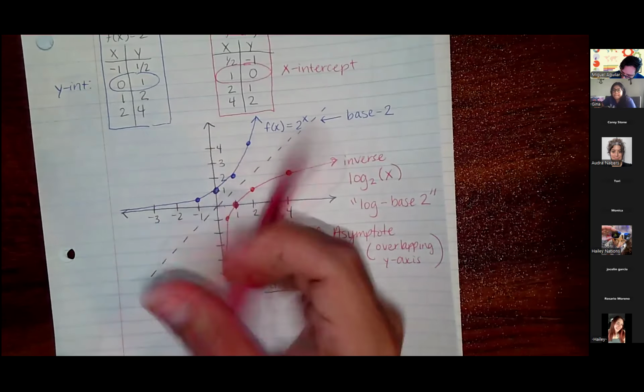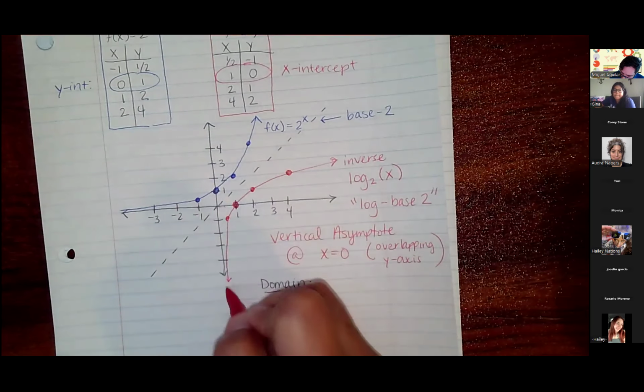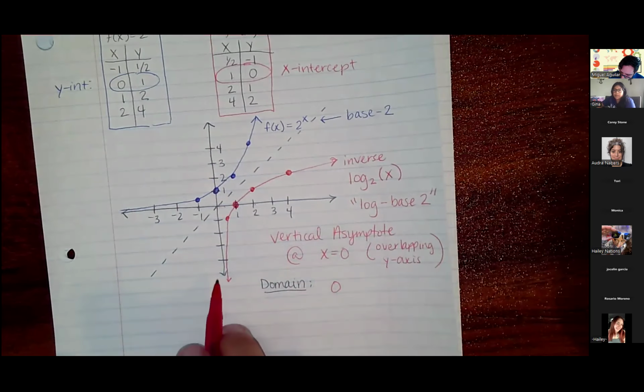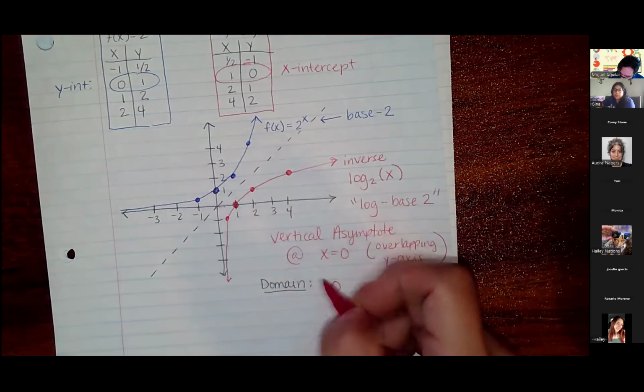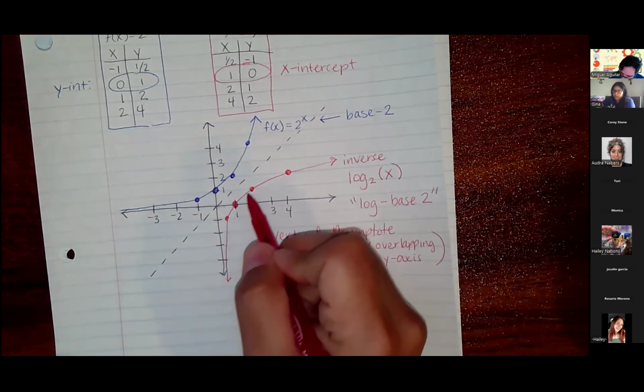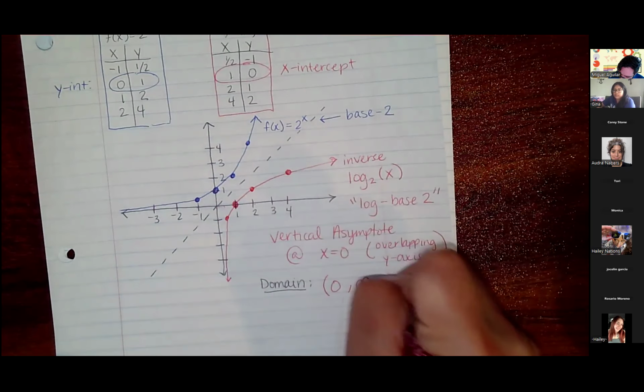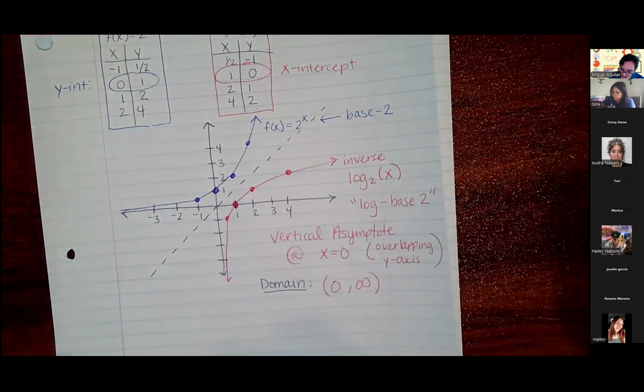And so that x value that we're stopping at is x equals 0. So the domain on the left side starts at 0, and then the graph continues to move to the right. And as we walk to the right, we're going towards positive infinity. Does that make sense? Yes. Right.